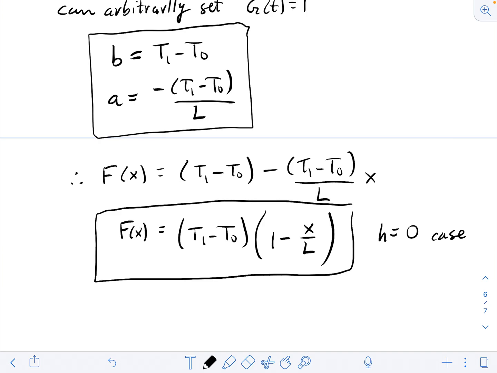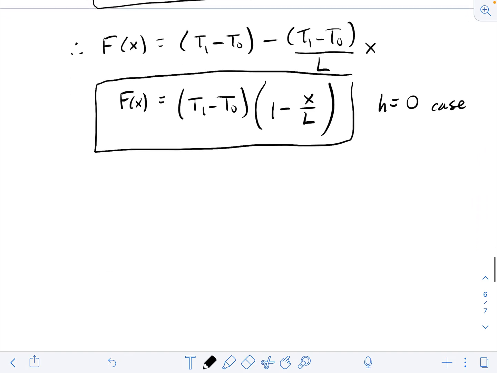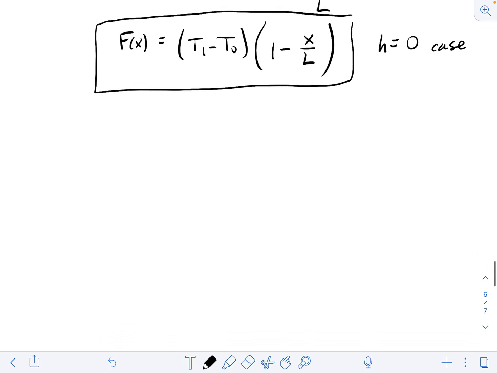So we've done two cases. One is h is positive, in which case f was 0, and the other is h equals 0, which gives us this straight line.